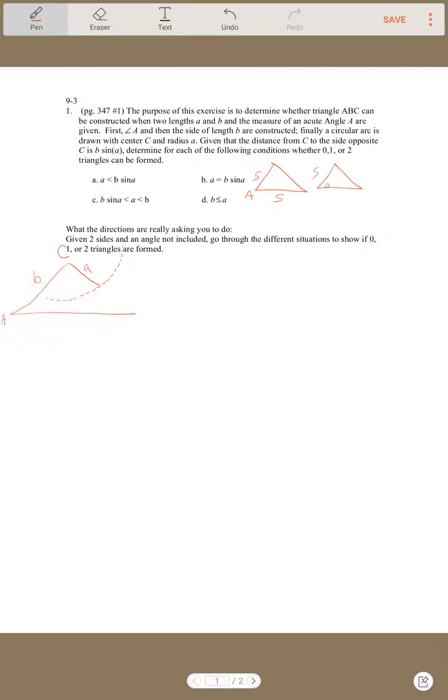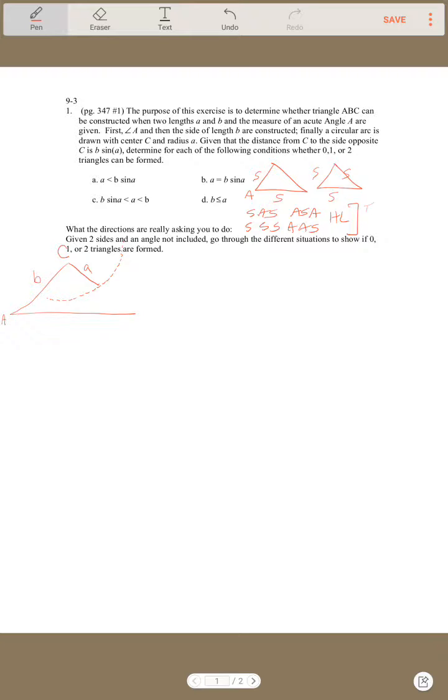Or maybe you were given all 3 sides and you were trying to form some unique triangles. All the different possibilities you came up with were SAS, SSS, ASA, AAS, even HL, because that was for right triangles.